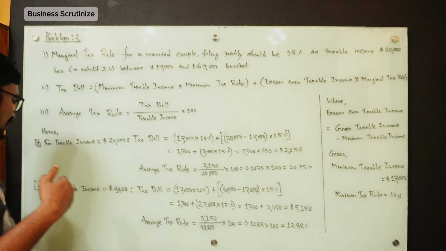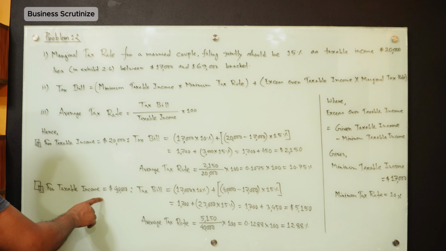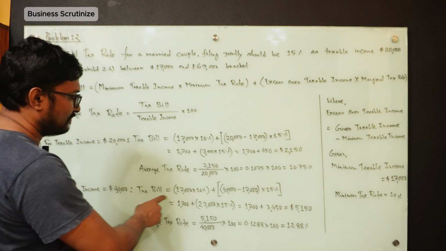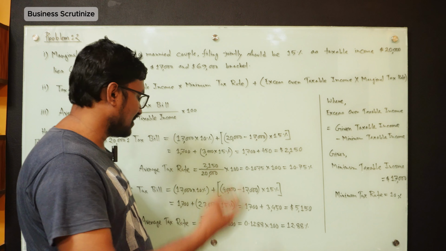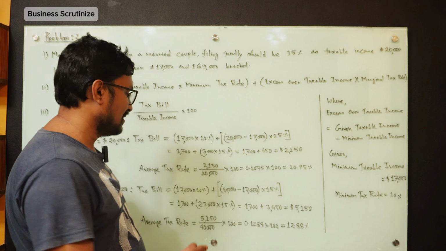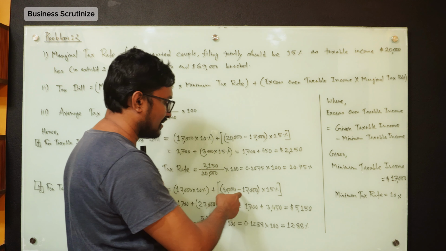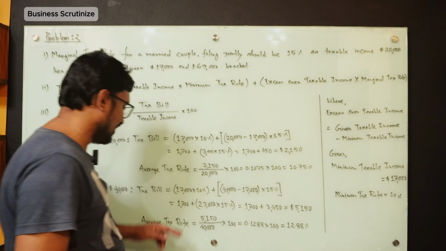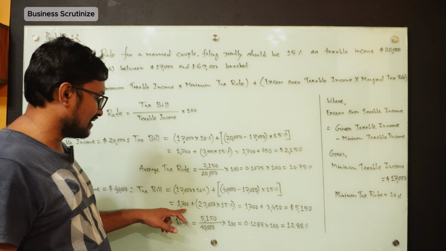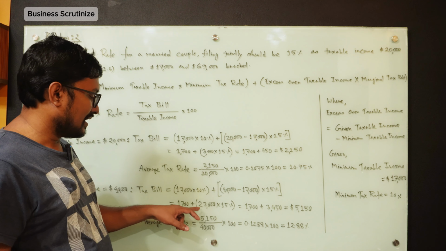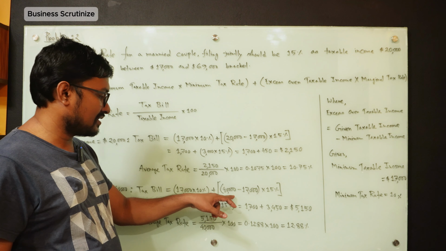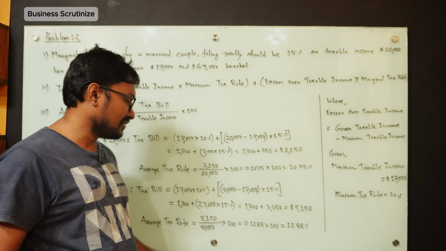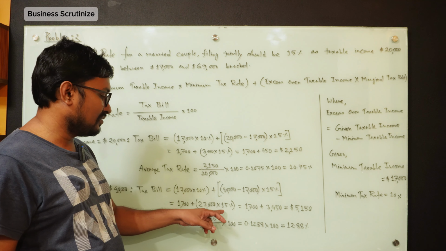Now for taxable income of 40,000, the tax bill is again 17,000 times 10% plus 40,000 minus 17,000 times 15%. So here we have 1,700, and if we subtract 40,000 minus 17,000, it is 23,000 times 15%.